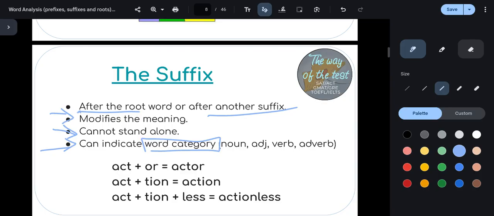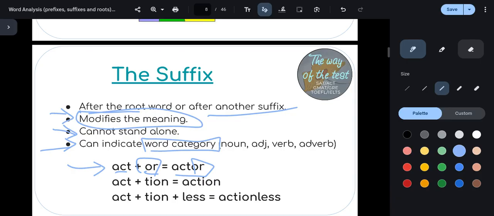Meaning, when I say it modifies the meaning, sometimes, for example, act is an act or to act, and then we have actor, and you're going to say, I'm not really modifying the meaning, right? It's the person who acts, yes. But by adding or, this little suffix is now adding the information that we're talking about the person who acts, and we're no longer talking about the verb to act. We're talking about the noun.